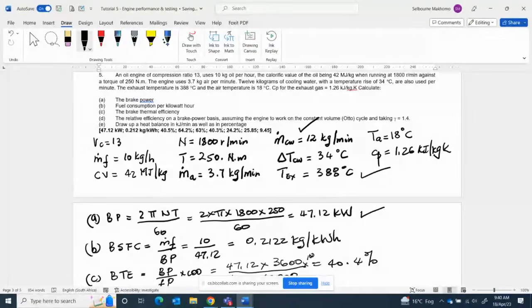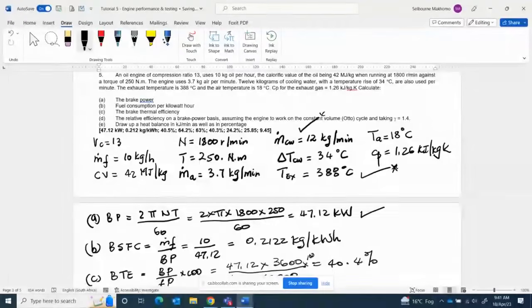So the question says, draw a heat balance and show the percentage of heat converted into work, the percentage taken by the cooling water, and the percentage taken by the exhaust gases when they leave the engine. That's what we have to do.